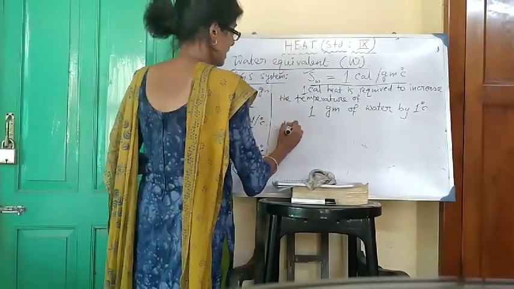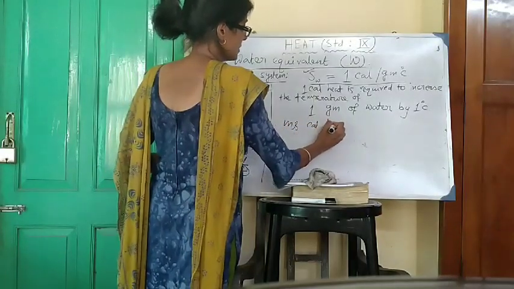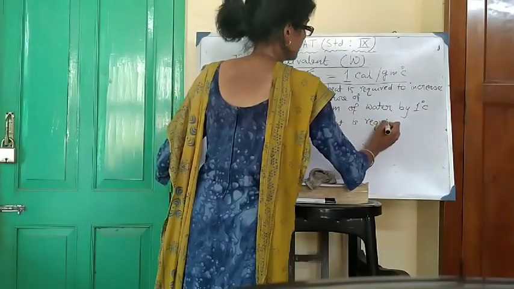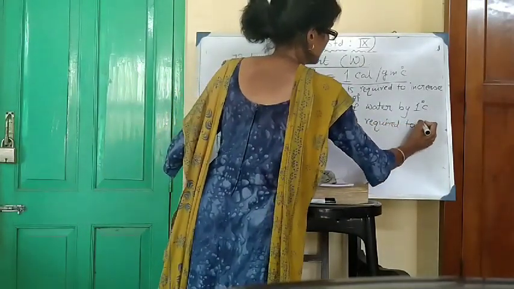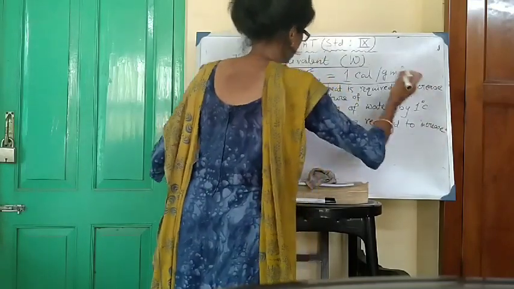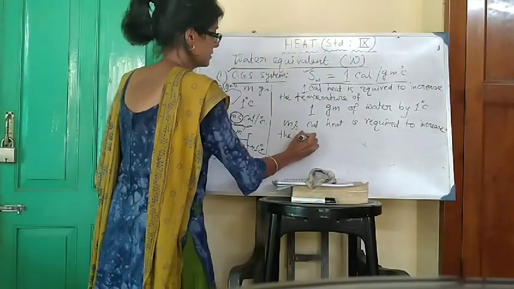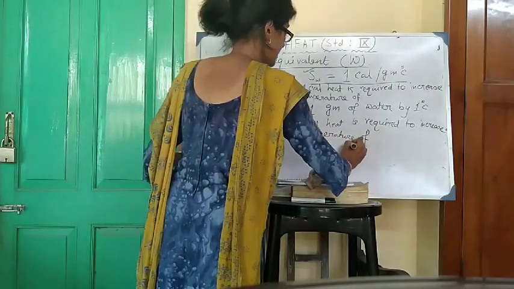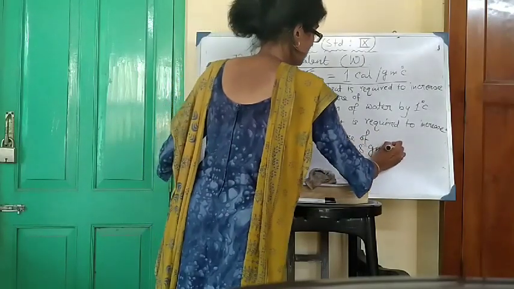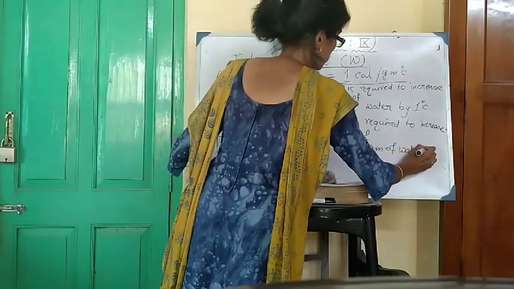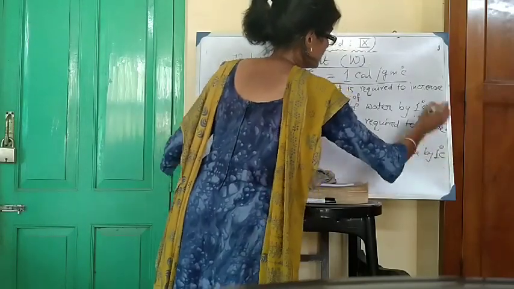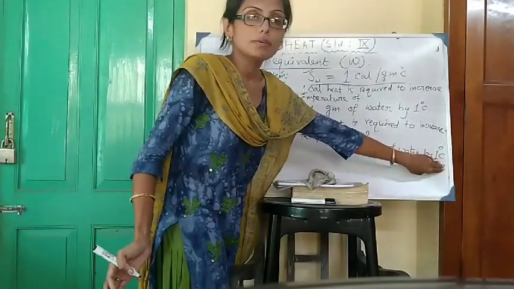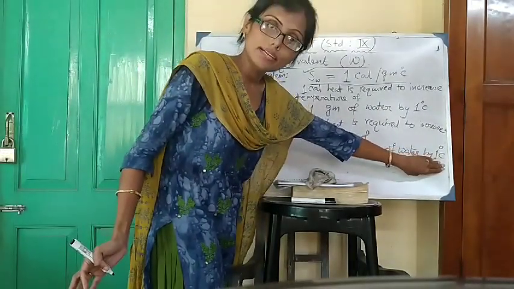So we can write ms calorie heat is required to increase the temperature of ms gram of water by 1 degree centigrade, because the increase in temperature of water is 1 degree centigrade, so we keep the temperature increase as 1 degree centigrade.